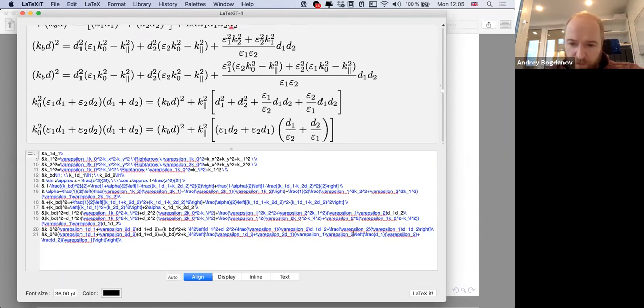And here I can write just bracket epsilon 2 d2.